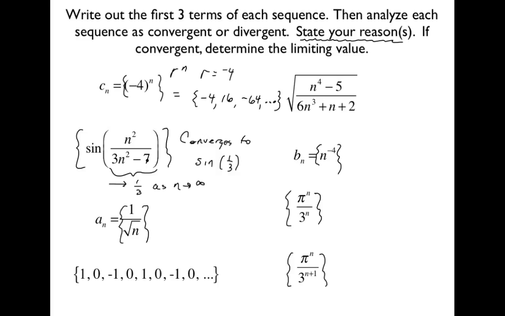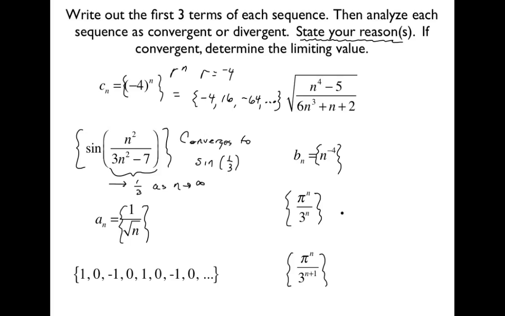What's the input doing here? The input is getting closer and closer to a particular value, 1/3. So sine's not going to oscillate, right? In this case the sequence is not going to oscillate. It's going to get closer and closer to sine of 1/3. Okay, very good.